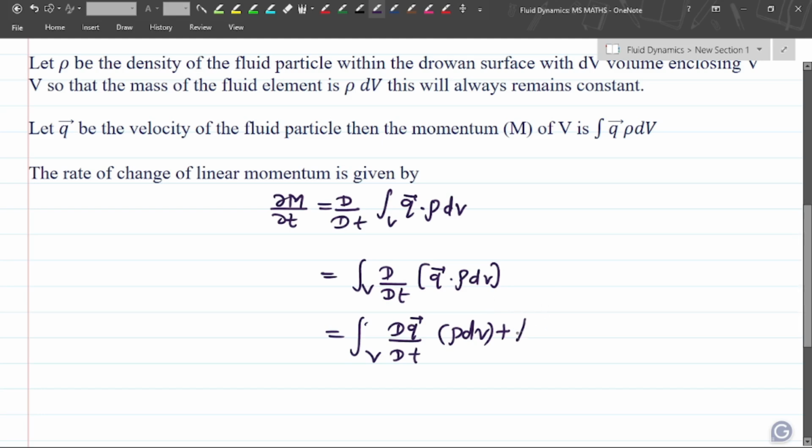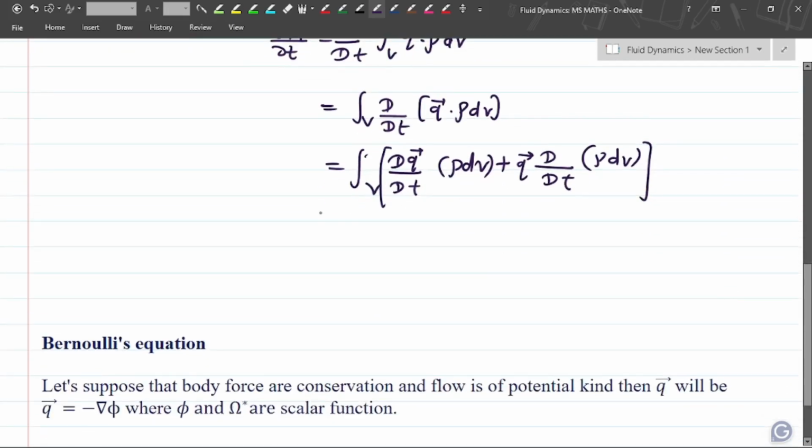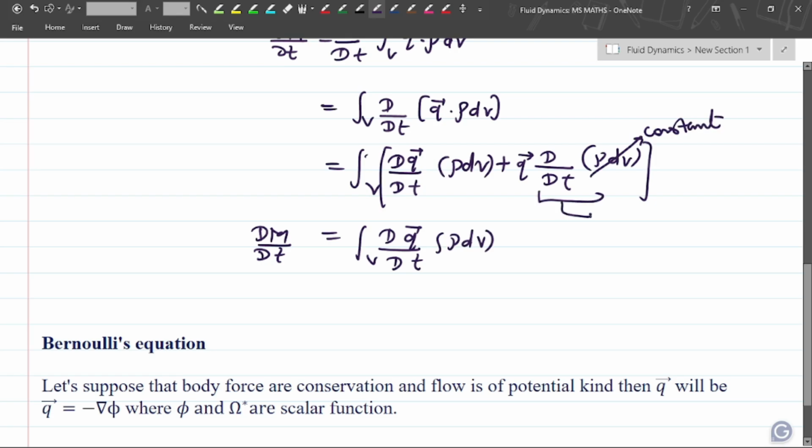Here rho is constant, so first we differentiate q, and then q vector is treated as constant while we differentiate rho dV with respect to t. So dM by dt is dq vector by dt rho dV, and the derivative of rho dV is constant, so that whole term is 0.